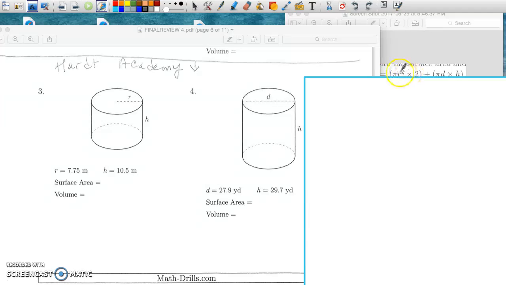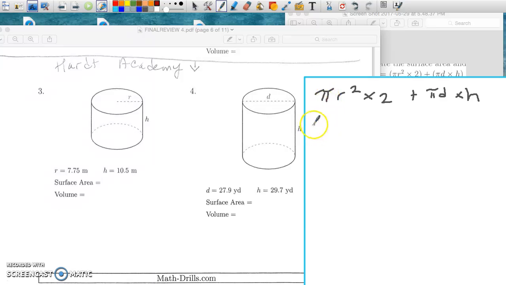You just can't see it very well, but remember yours is on the top of your page. So I have pi times the radius squared times 2 for the first half. I'm going to add it with pi times diameter times the height. Okay, let's begin. Change my color.